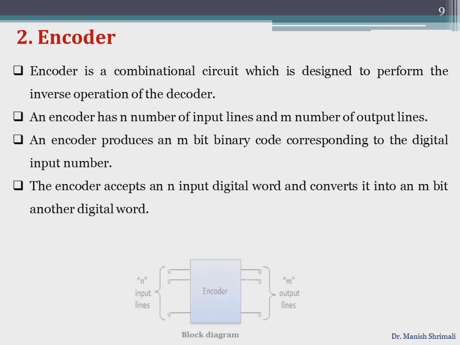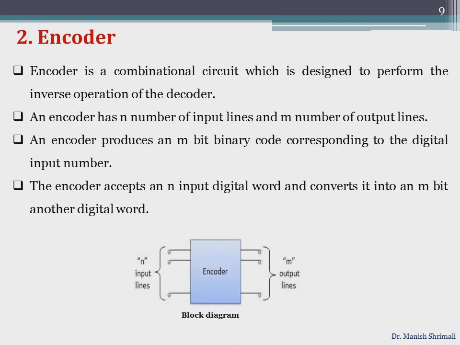Encoders are again a combinational circuit, designed to perform the inverse operation of the decoder, and it has n number of input lines and m number of output lines. It produces an m-bit binary code corresponding to the digital input number; the encoder accepts an n input digital word and converts it into an m-bit another digital word.